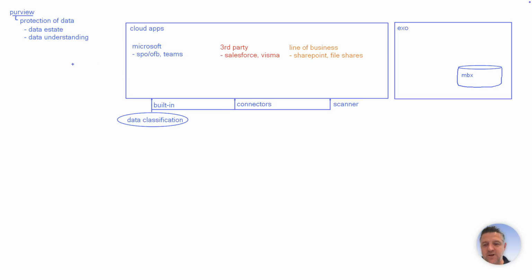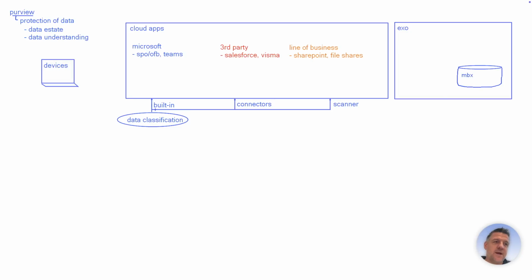One other location that I just want to put a little bit on the side, but which is also important in Purview, is devices. So we may have data located on devices.